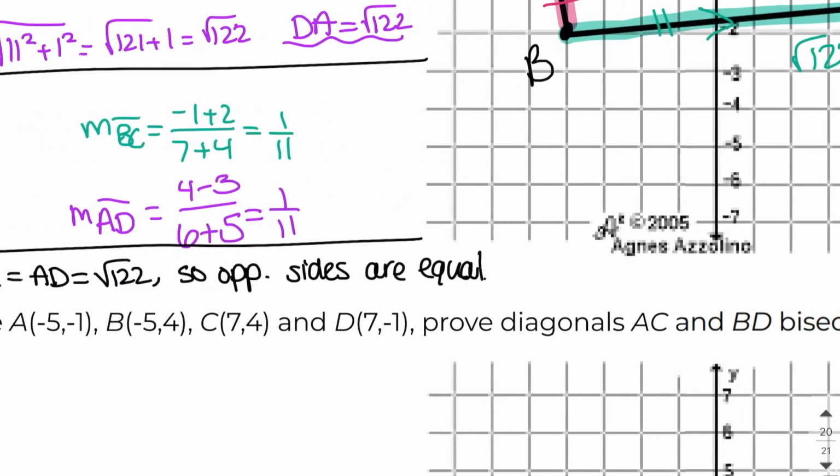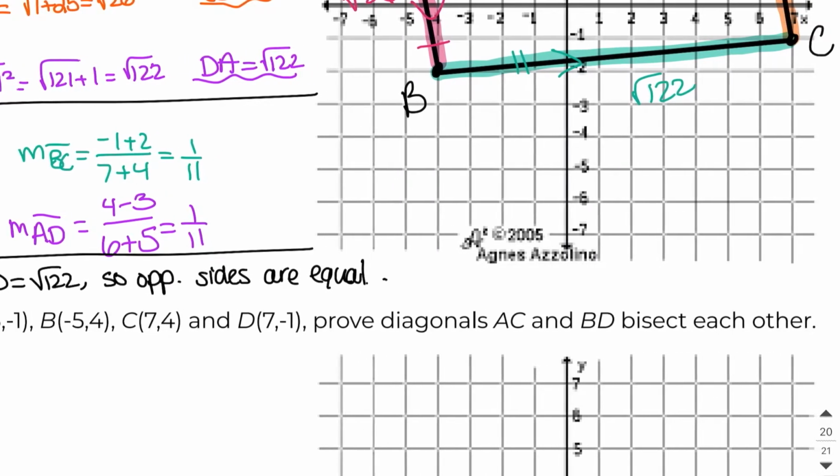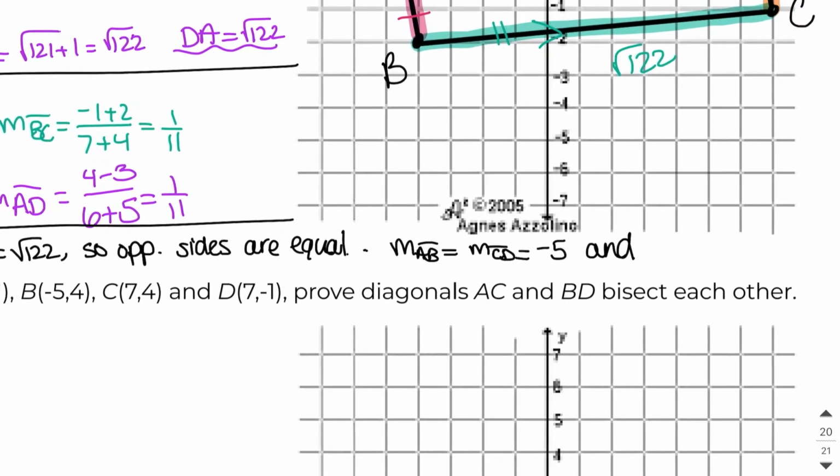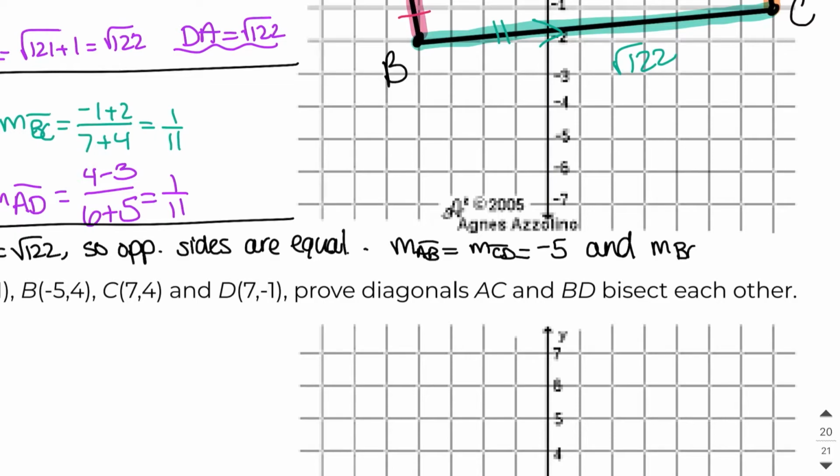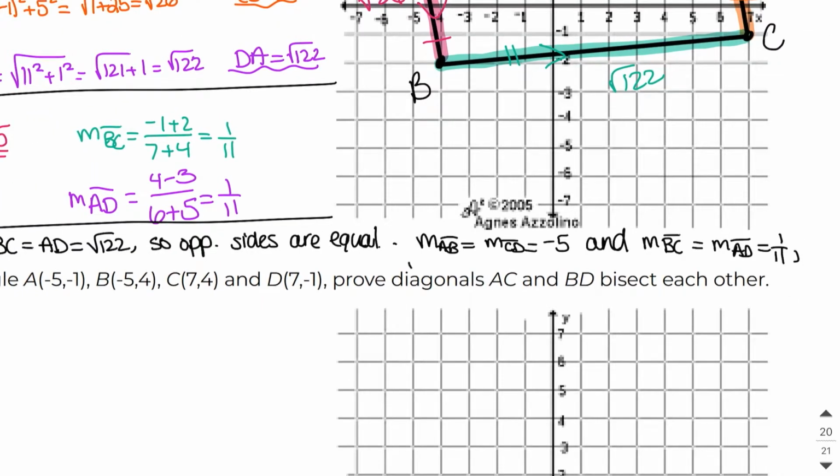Okay? We can also say that the slope of AB is equal to the slope of CD, which is equal to negative 5, and the slope of BC is equal to the slope of AD, which is 1 over 11, making AB parallel to CD.